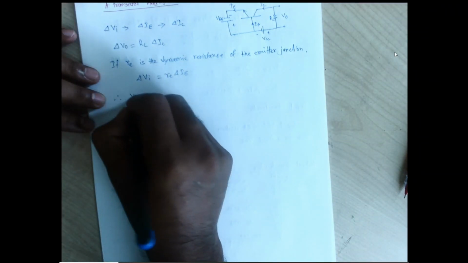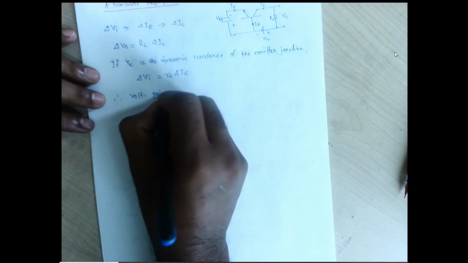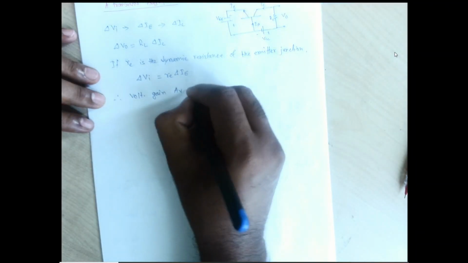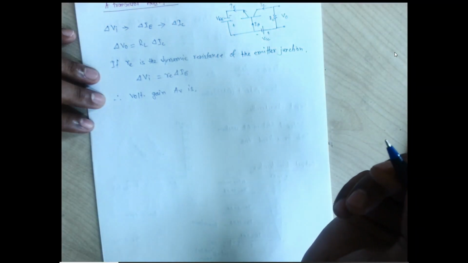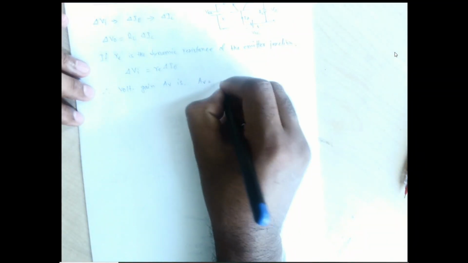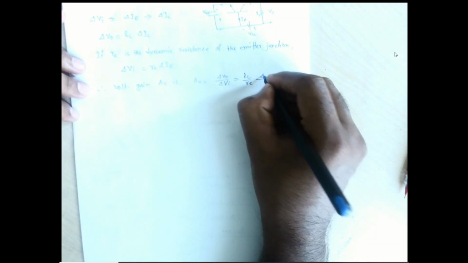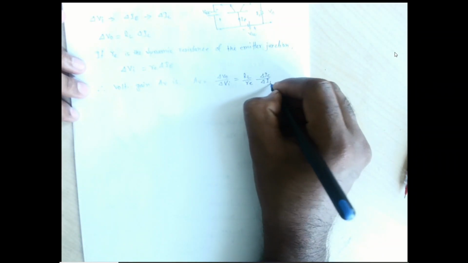Therefore, the voltage gain AV is the ratio between the output voltage and the input voltage, del V naught by del Vi. That is RL by Re into del IC by del IE.